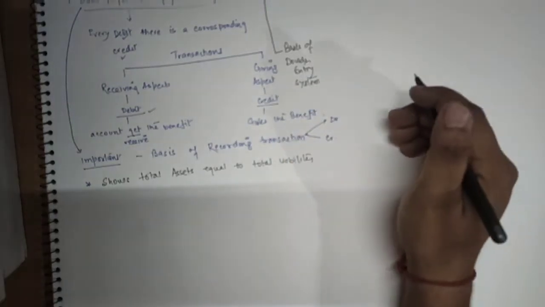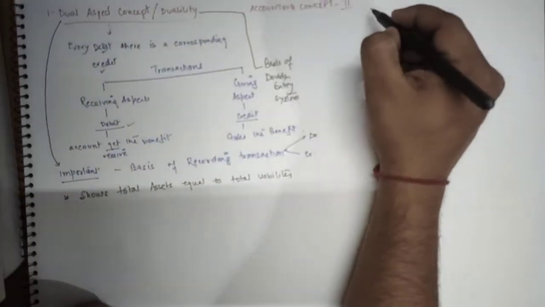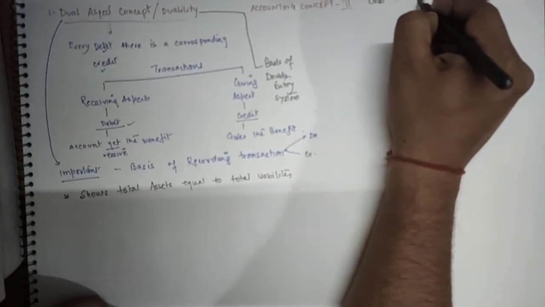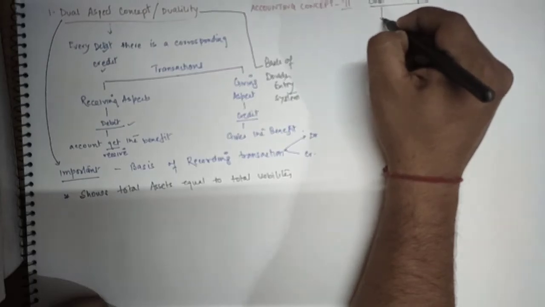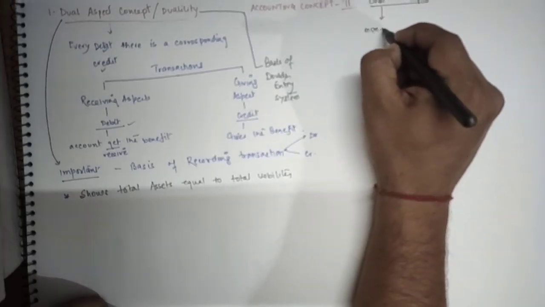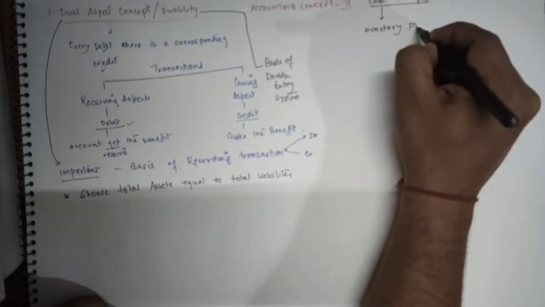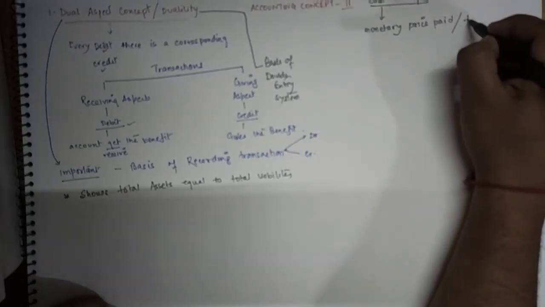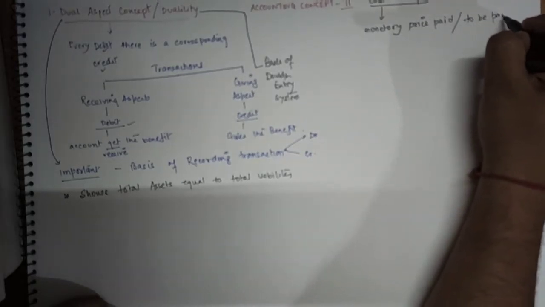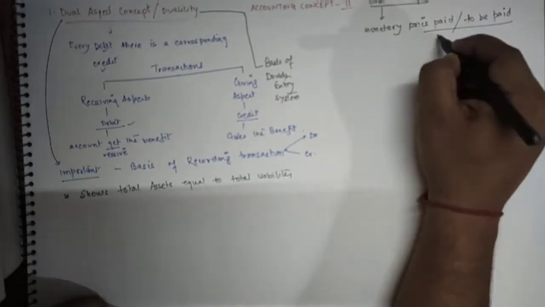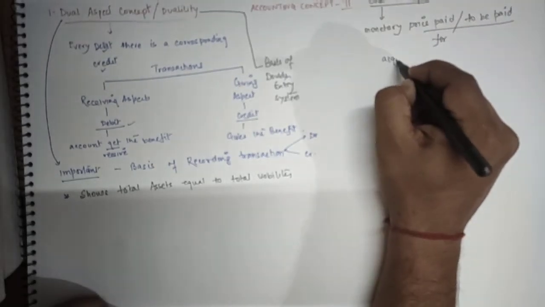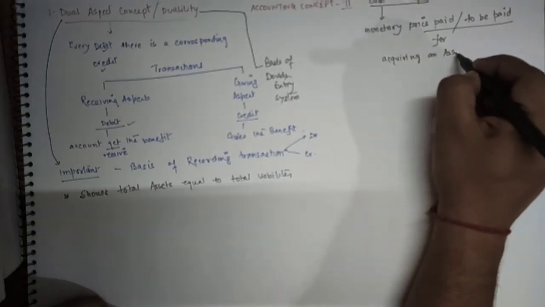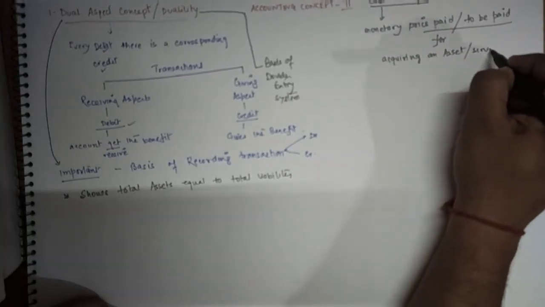The second concept we have is the cost concept. What is the cost concept? It is the monetary price paid or to be paid for acquiring an asset or service.